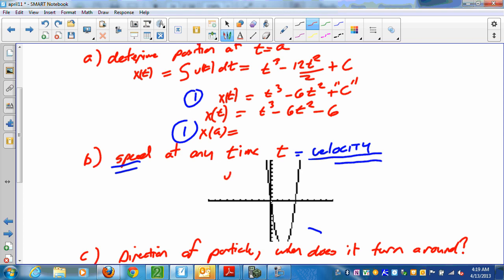It's negative over here. Starting off, the velocity is negative, meaning it's heading towards the left. And then it becomes more negative, further and further away. And then the velocity starts to become positive right here. So it starts off going negative, changes to positive.